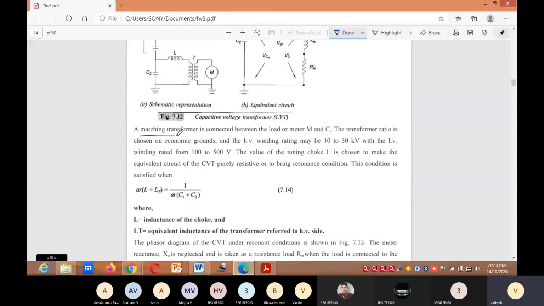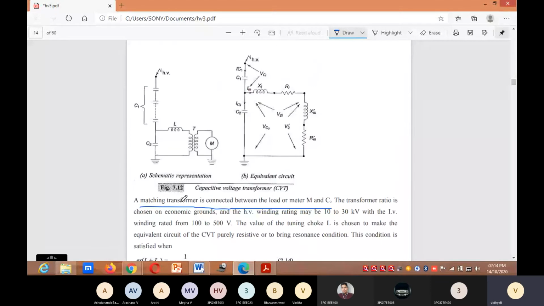A matching transformer is connected between the load or meter M and C2.